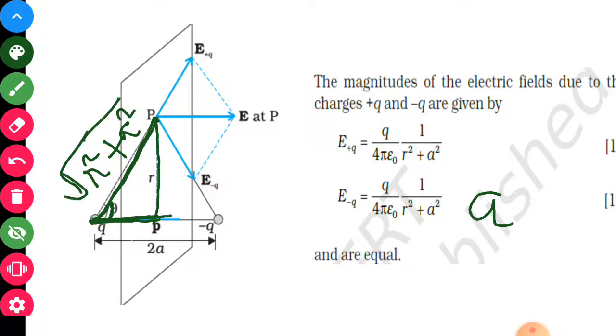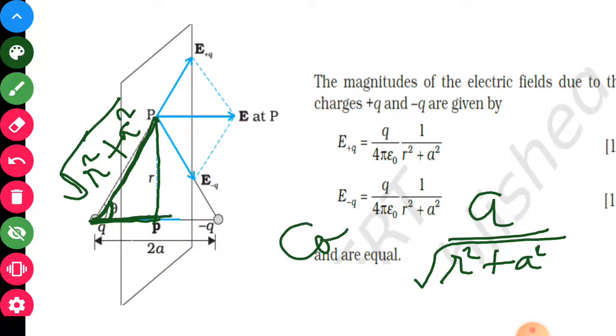So a upon the square root of r square plus a square will be the value of cos theta, and that will be understood with the help of the figure. So cos theta is written, or its value is written there in the next step.